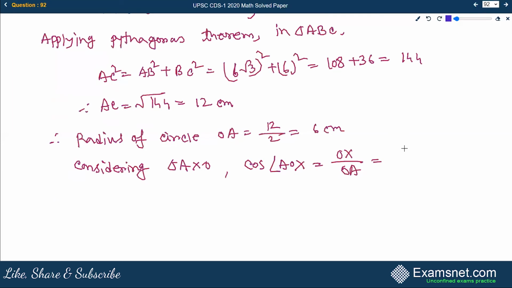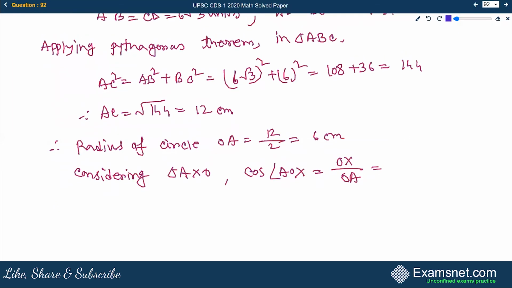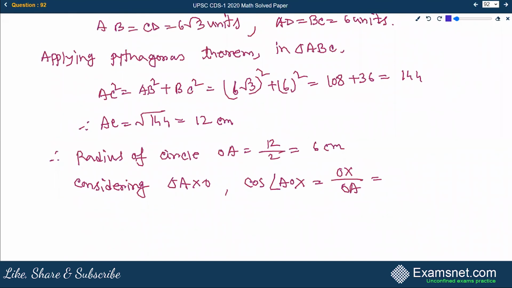Okay, so first of all, we have to find the value for OX as well, right?